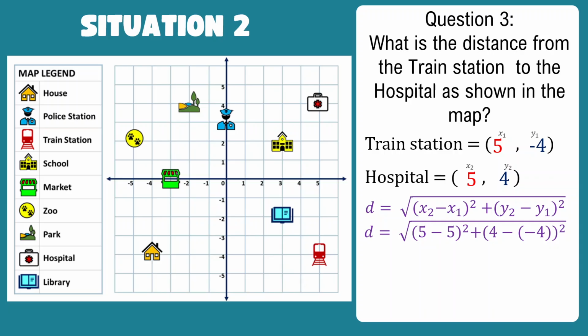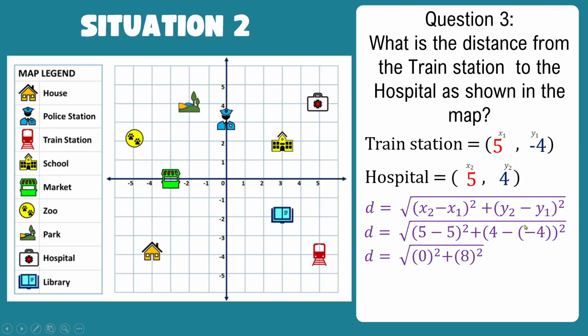So that is (5 minus 5) raised to the power of 2 plus, y sub 2 is 4 and y sub 1 is negative 4, so that is (4 minus negative 4) raised to the power of 2. 5 minus 5 is 0. 4 minus negative 4 is 8.